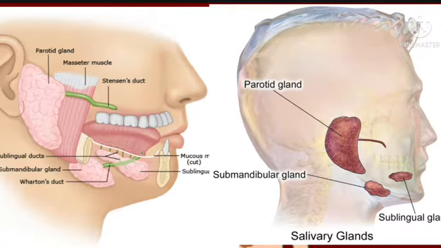These glands have ducts. The salivary juice secreted by the salivary glands reaches the mouth through these ducts. Daily secretion of saliva ranges from 1000 to 1500 ml.